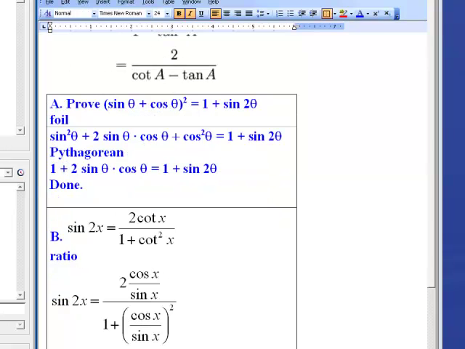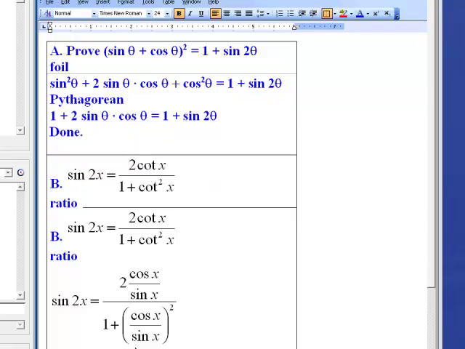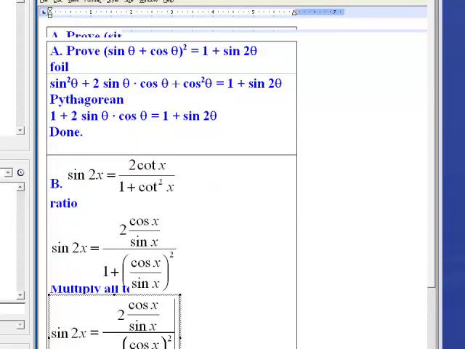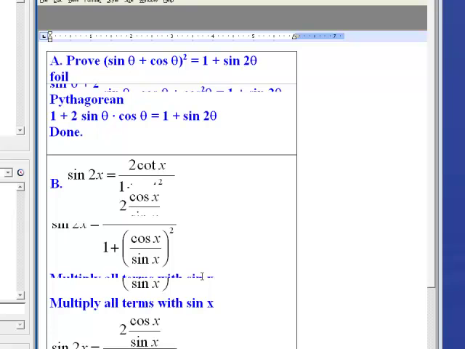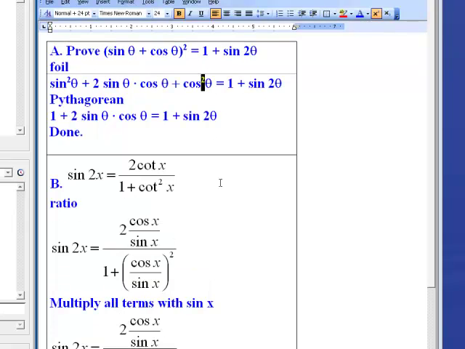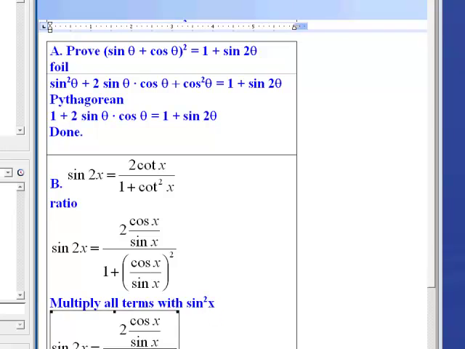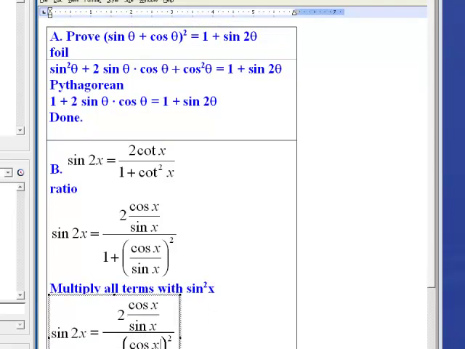Okay, so I'm going to do this one here. There are just too many denominators floating around. How do I get rid of the denominators? Well, I multiply everything by sine squared. What I just mentioned a moment ago actually means sine squared, not just sine. That's because of the second denominator, this one right here.